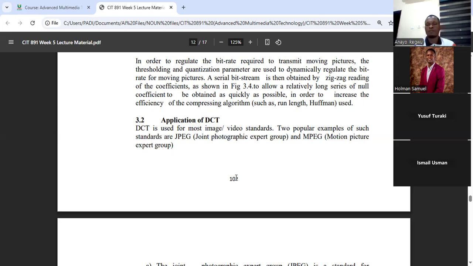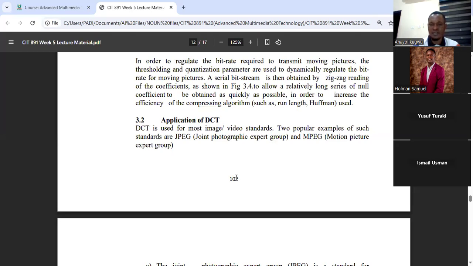That is why anytime you work with an image and you want to save it, you either save it in JPEG or PNG. If it's a video, sometimes you have to maintain this standard. Sometimes we call it an extension, a file extension.